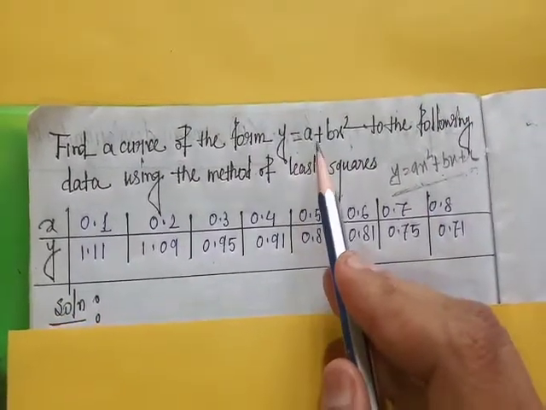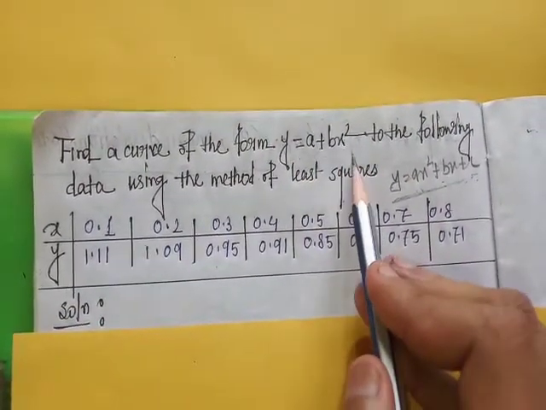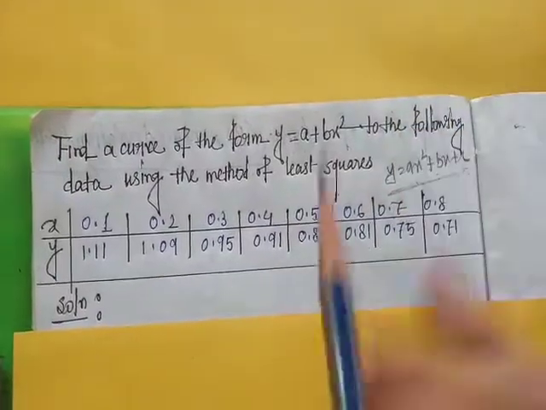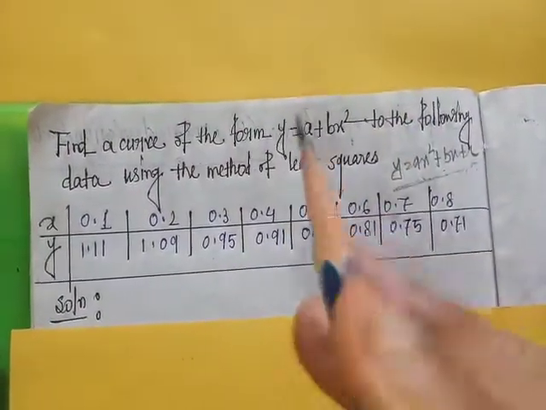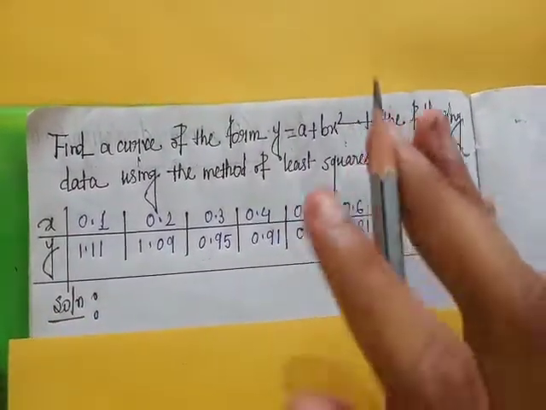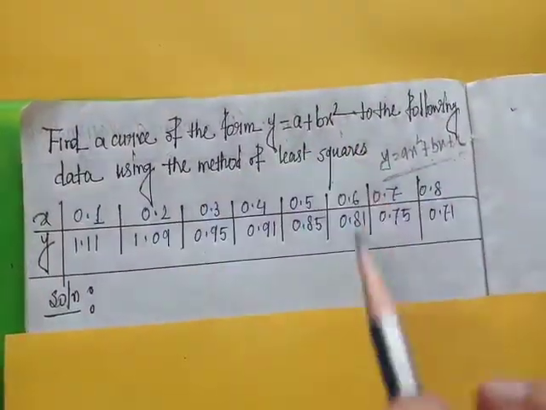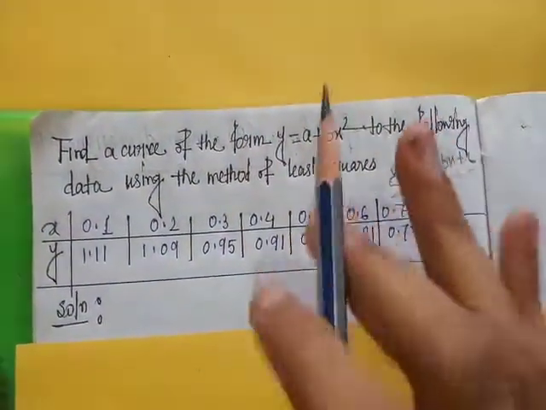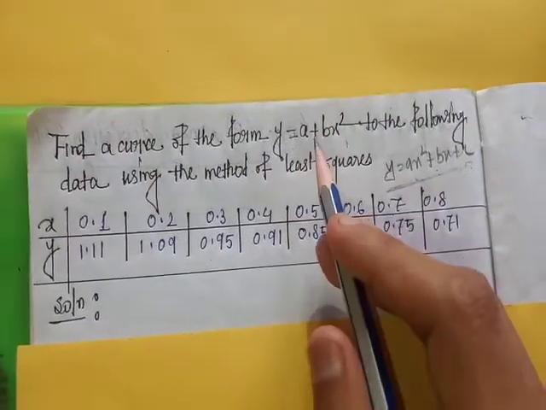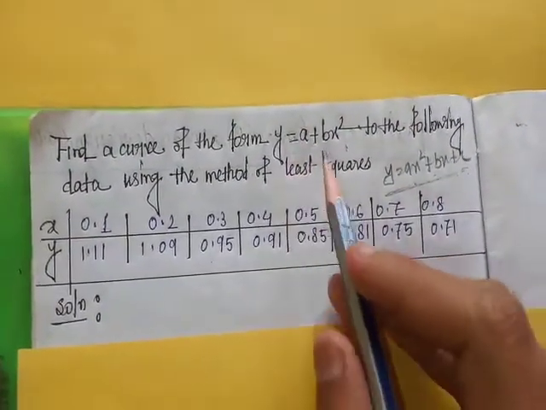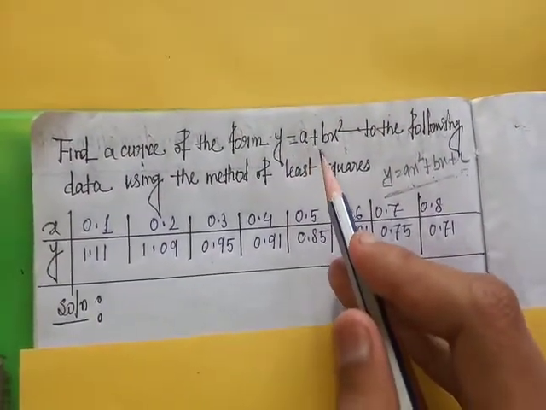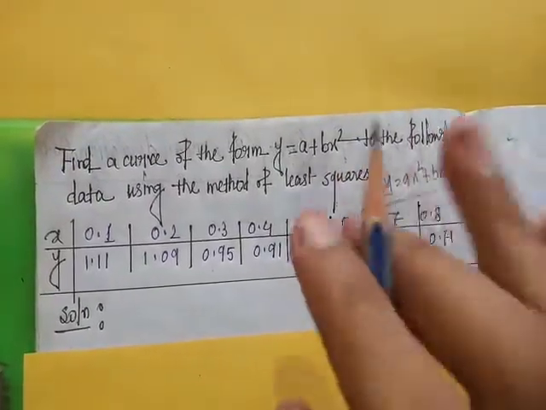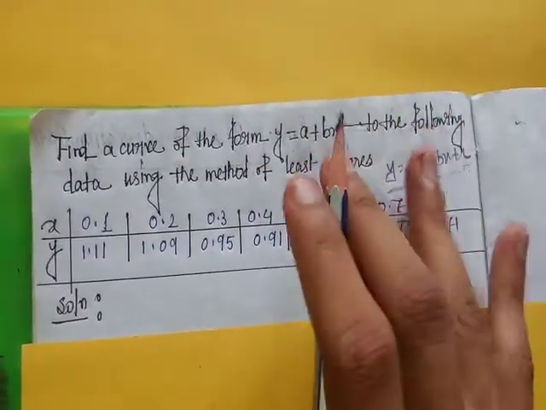In our problem there are two unknown parameters, so we get two normal equations. For fitting a straight line there are two unknown parameters, so we get two normal equations. Clear? So for fitting a parabola of the form y equal to a plus bx square, we get two normal equations.